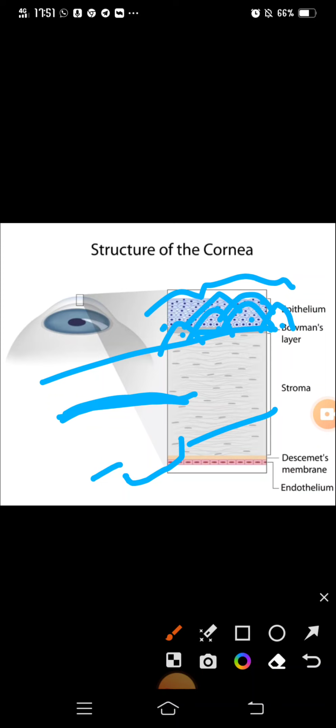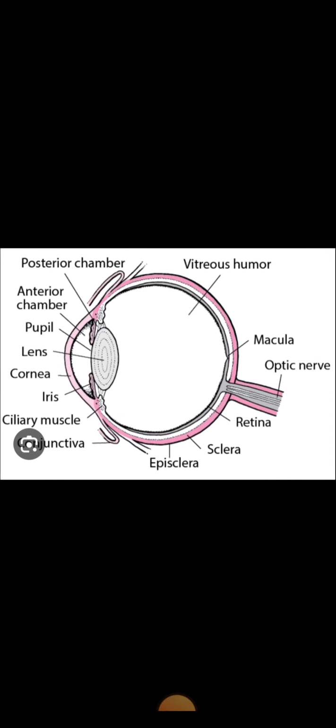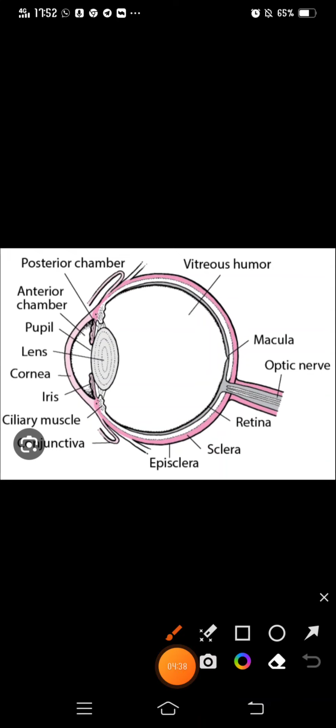Here the ulcer will form, and whenever an ulcer forms, it starts releasing chemical mediators. Sometimes when aggression of the corneal ulcer occurs, there is outpouring of those infiltrative cells into the anterior chamber, and this condition is known as hypopyon. You can see here that this is your anterior chamber.